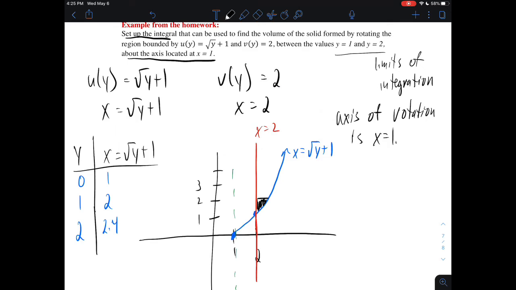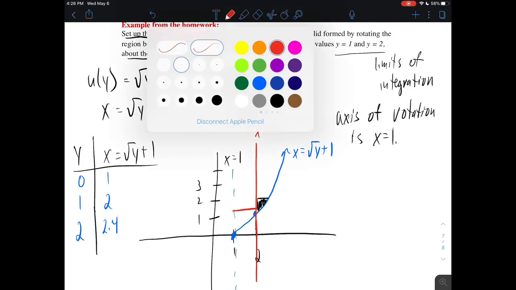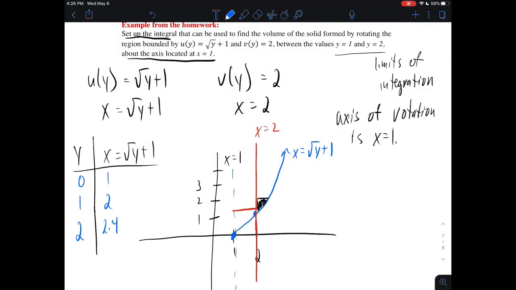And then we're going to be rotating that around our axis of rotation, x equal to 1. So you can see we're again going to get some sort of hollow shape to this. We are also going to have an inner radius, which comes from the red line to the axis of rotation, and then an outer radius, which comes from the blue curve to the axis of rotation.